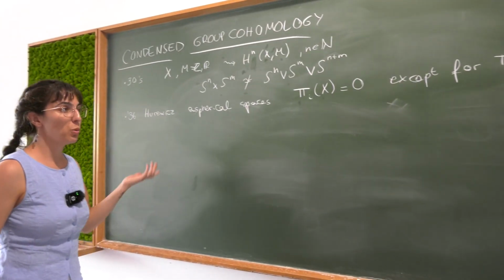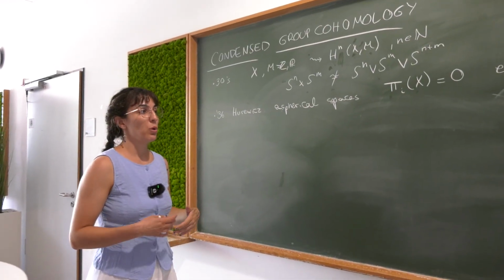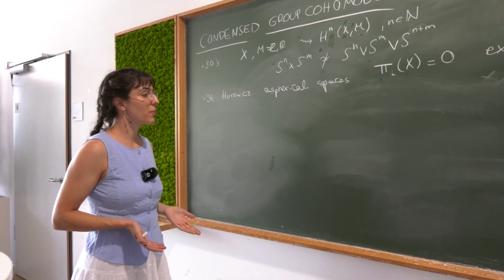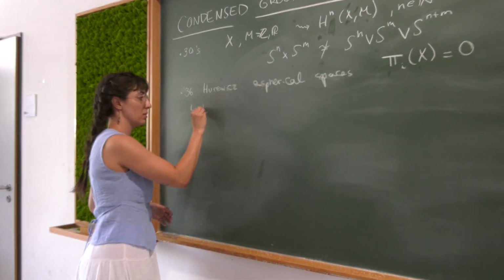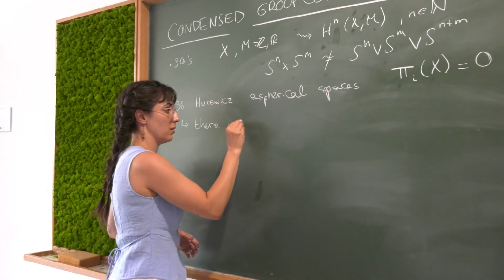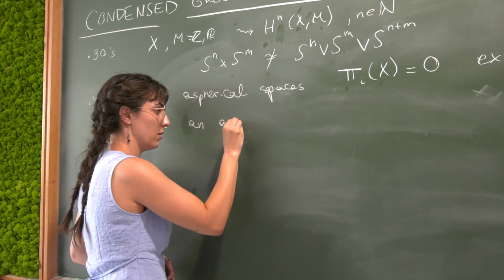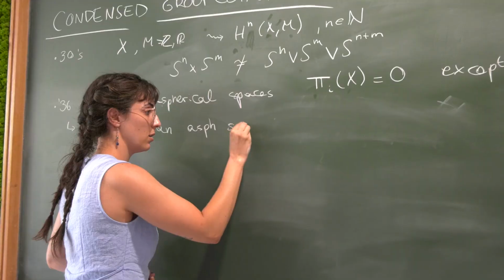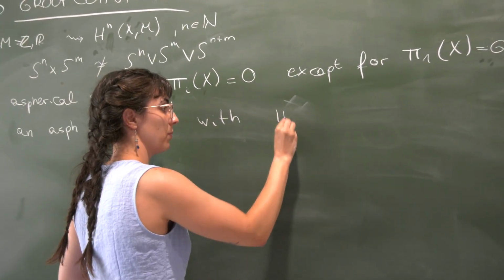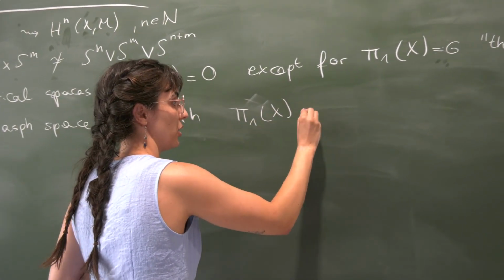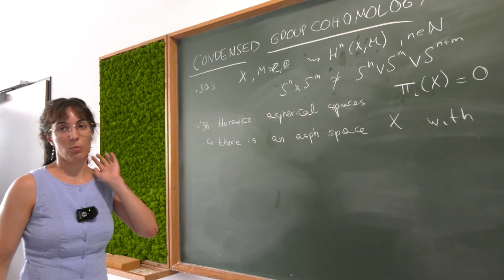So by this point, for certain groups G that arise in this way, you have a cohomology, but what if you don't have such a group G? Then it turned out someone else realized that there is an aspherical space with fundamental group G for every single G. With this, you can already define the cohomology of a group.